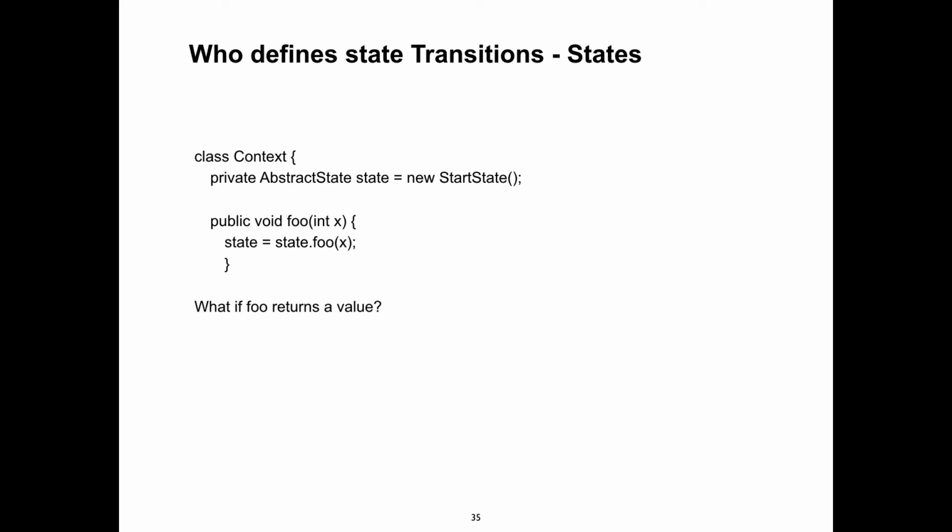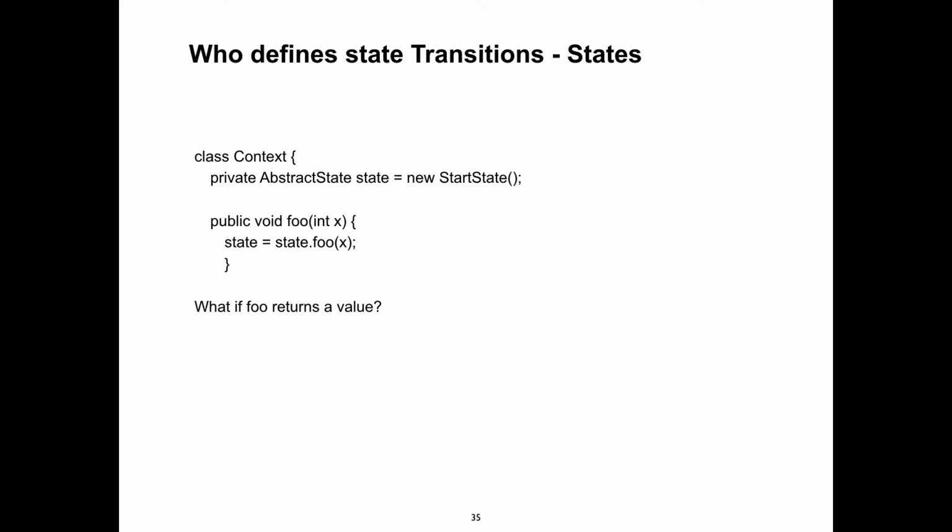But then you get into this problem: if the state returns a new state, then what happens if we also wanted that operation to return some actual data? In a language like Java, you can only return one thing, except of course you can always put it into an array, return the array, and then unpack the array.